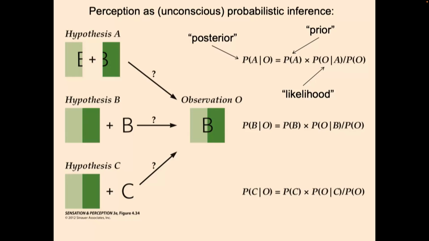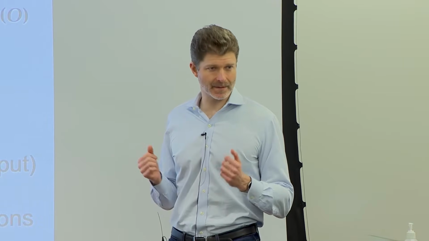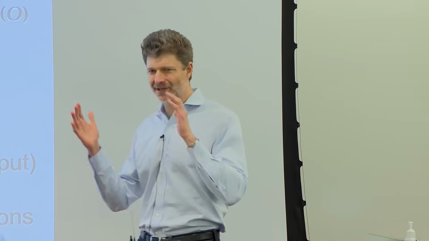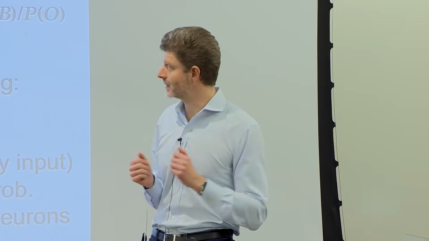All right, so if we want to explain perception in this way, as perceptual inference, there are a lot of things that actually have to be specified. One of the things that you have to specify is the hypothesis space. How are we actually going to define the states of the world that the perceptual system is trying to estimate?